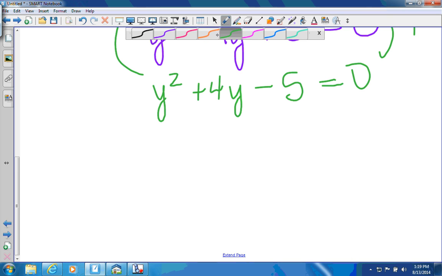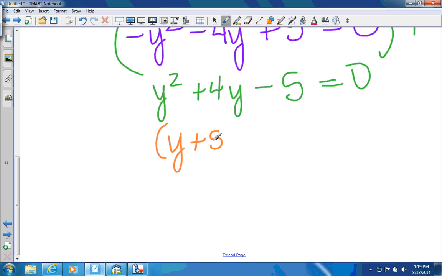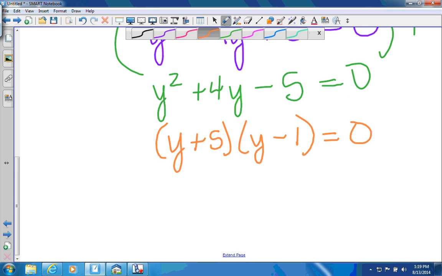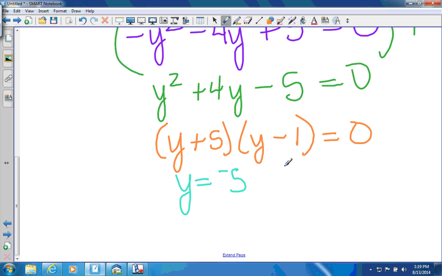And next thing we need to factor, and the factors of negative 5 that add up to 4 are positive 5 and negative 1. And in this case, y is negative 5, and in this case, y is 1.